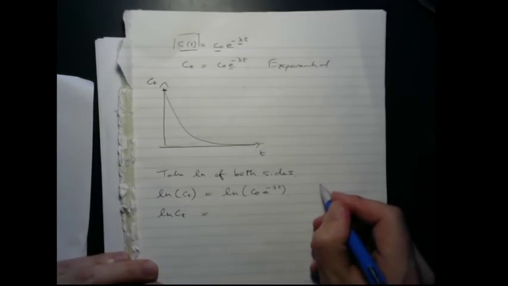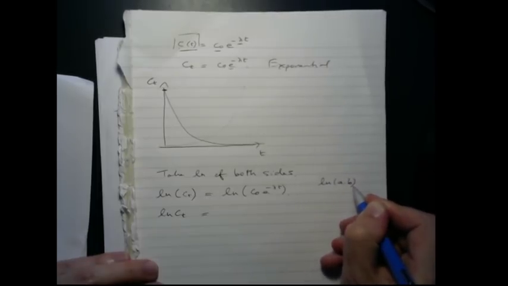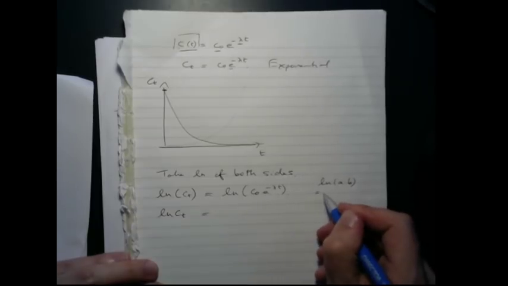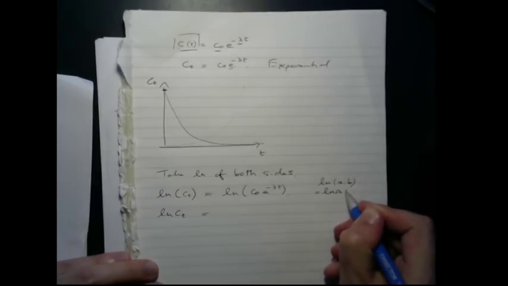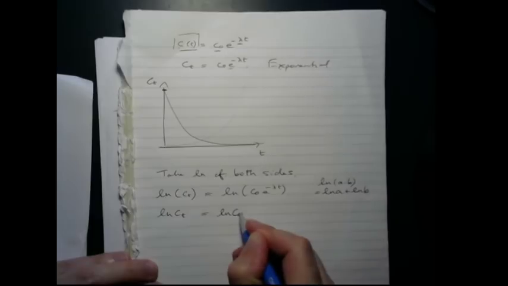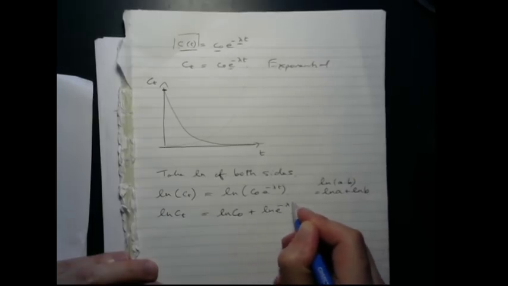So that's similar to ln of a times b, where a is C naught and b is e to the power minus lambda t. That is equal to ln a plus ln b. So we can rewrite this as ln C naught plus ln e to the minus lambda t.